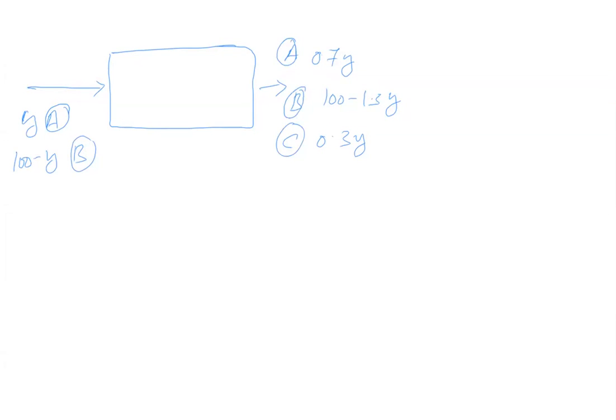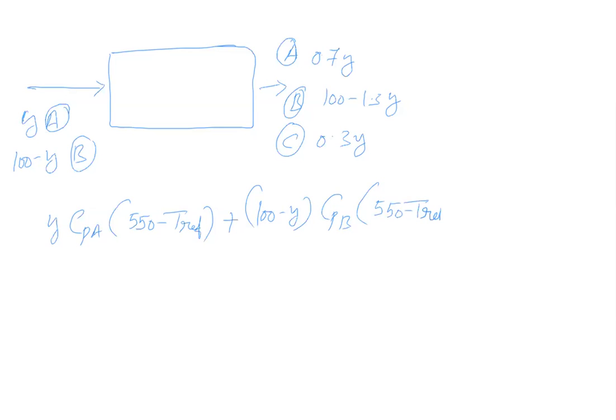Now how do you write the energy balance? Y into Cp of A into the inlet temperature 550 minus T reference. The inlet has two components, so plus 100 minus Y into Cp of B into 550 minus T reference, which is equal to 0.7 Y Cp of A into T outlet.